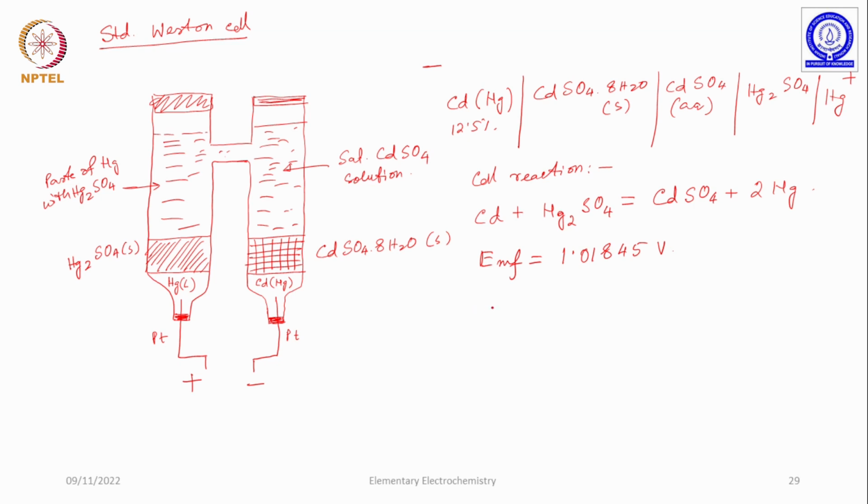So, then when you use that formula of Ex equal to AP by AQ, you use this Weston cell to be connected with your unknown cell. So, the potential for that Weston cell will be 1.01845 volt. So, this is how one can determine the EMF of any unknown cell.